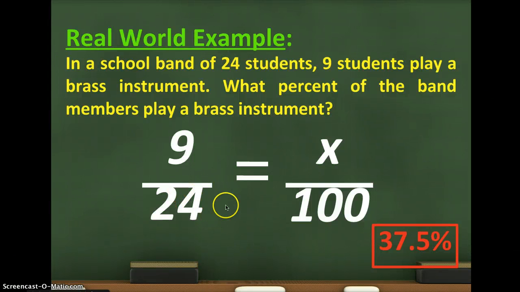So the part would be the 9 students that play a brass instrument out of the whole band. We don't know what percent would go here, so that's going to be represented by the X. And the percentage is always out of 100 because percentages always are comparing a number to 100.